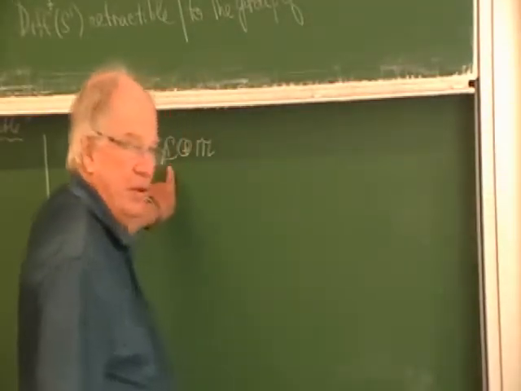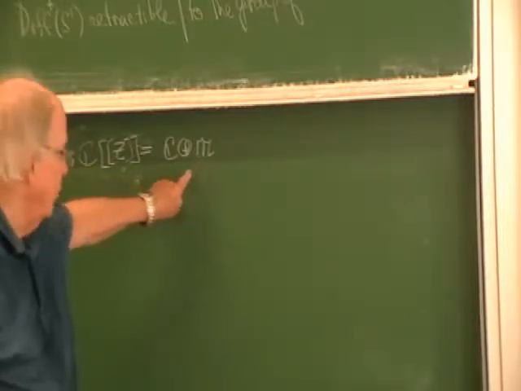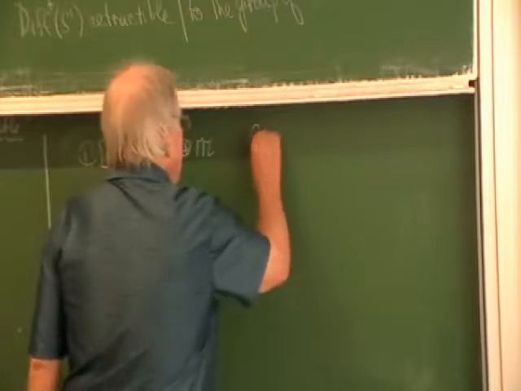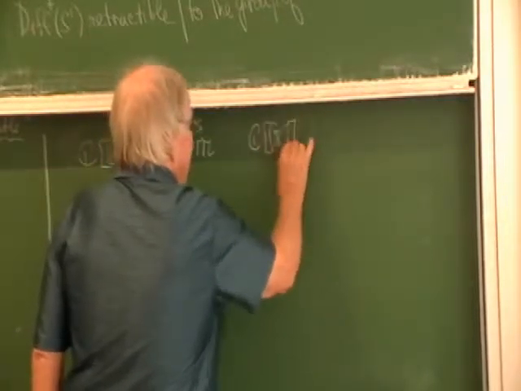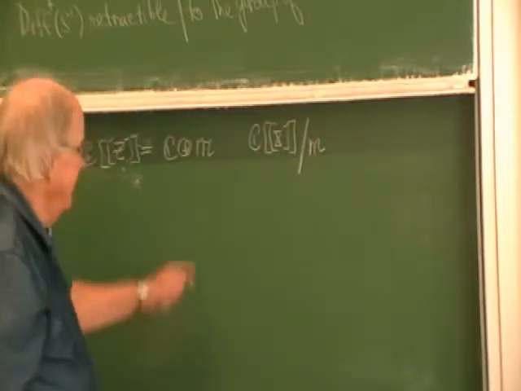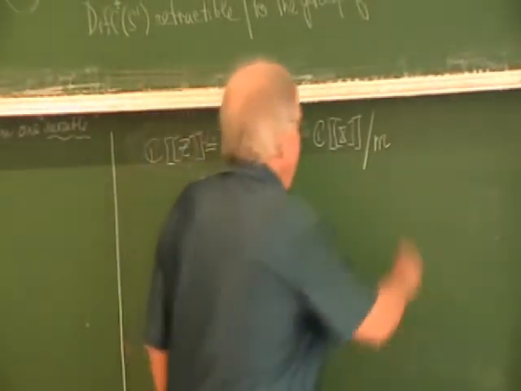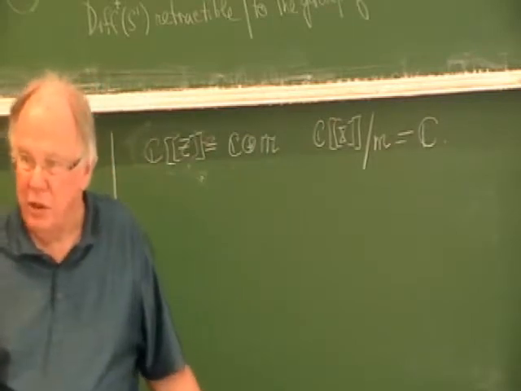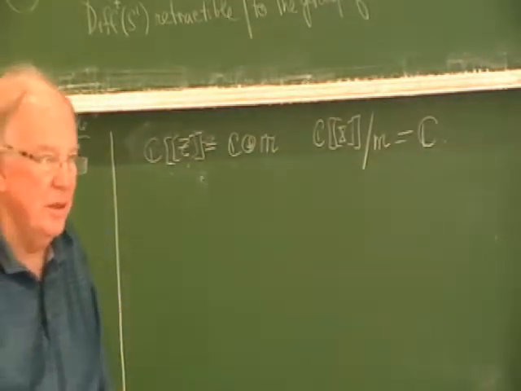I split off the top coefficient, A0, and these are the rest. So, you can see, it's very amusing, that if you mod out by this, you kill that, and that's the complex number. So that's the way to think of this, actually. You're modding out by this maximal ideal, and you get the complex numbers.